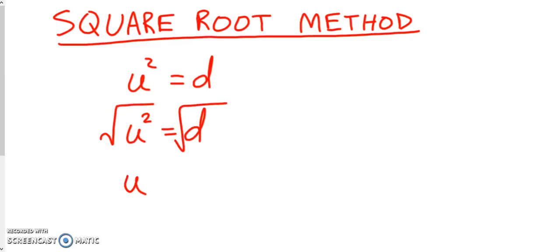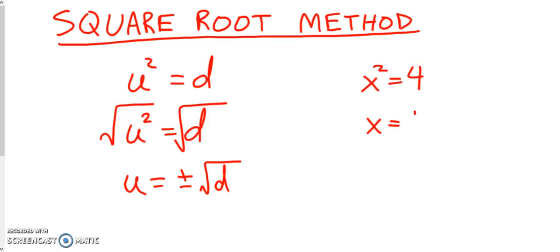And when you take a square root to solve a problem, you have to put a plus or minus. Because think about it, if x squared were equal to 4, x could be positive or negative 2, because positive 2 times positive 2 would be 4, and negative 2 times negative 2 would be 4.